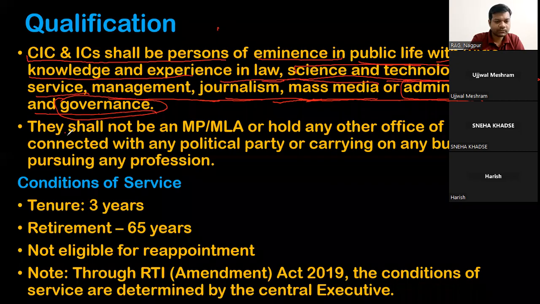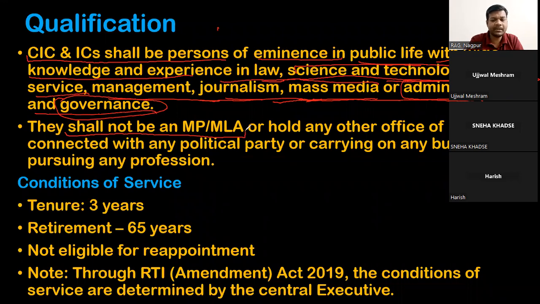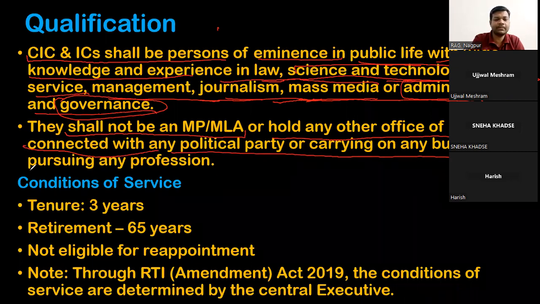They shall not be MP or MLA, or hold any other office of profit, or be connected with any political party, or carry on any business, or pursue any profession.